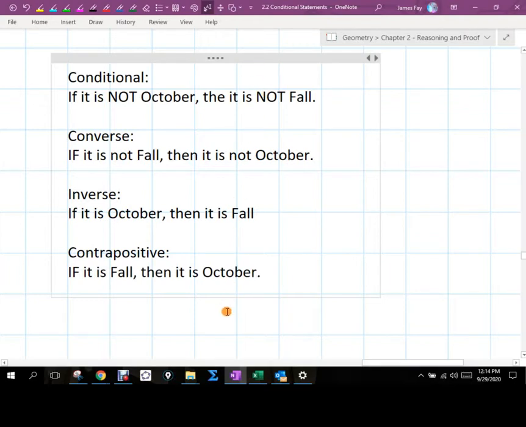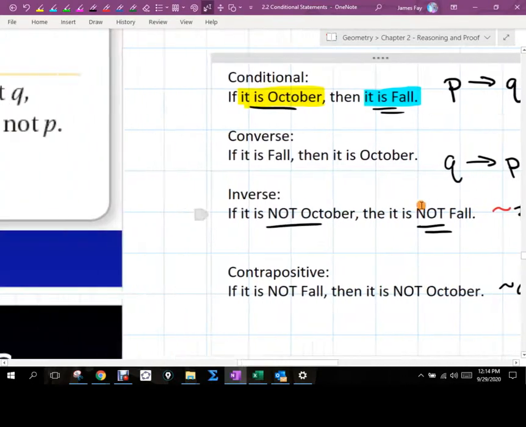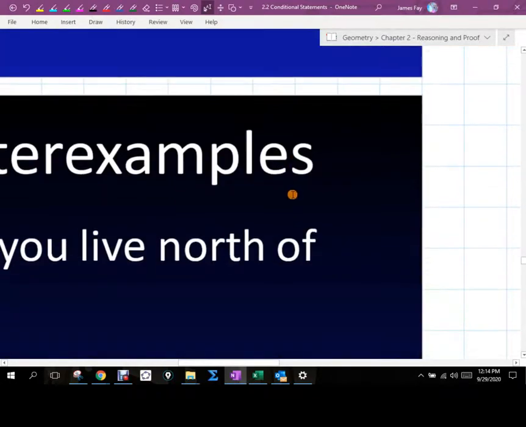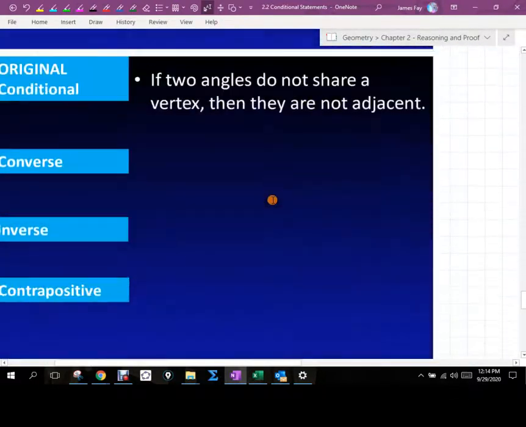Now, for those four statements individually, I still have to be able to answer whether each one is true or false. But there is a logical rule that's going to allow me to do this. So let's go talk about that rule, and then we'll come back here and answer these questions as true or false. The logical rule says this right here.